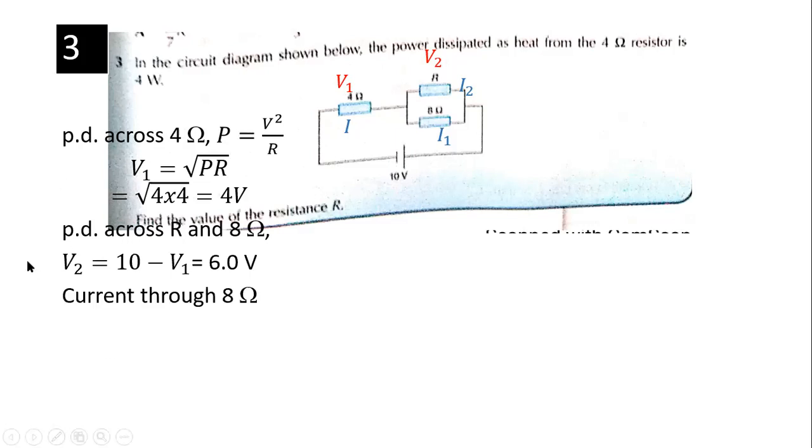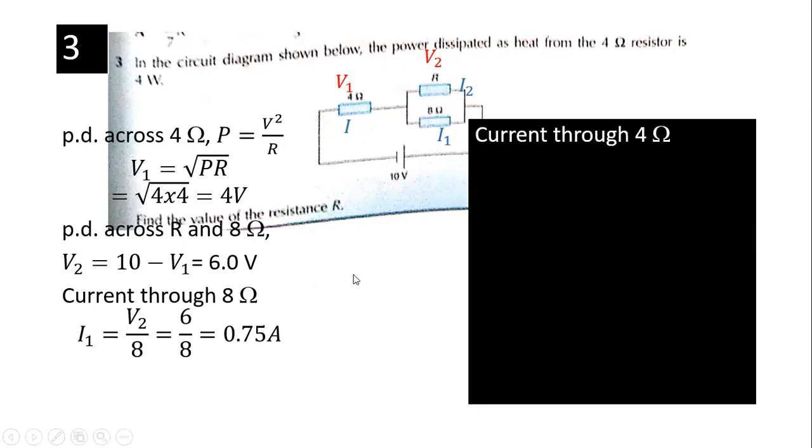After I got that, find your current. No need to find your current through here. You can find your current through here because you know the voltage. After you can find the current here, then calculate the current here. Okay, so I1, which is the current through the 8 ohm, is V2 divided by 8. And current through the 4 ohm, we know the potential difference, or you can use a power formula if you want to.